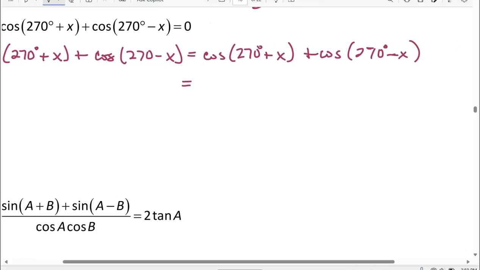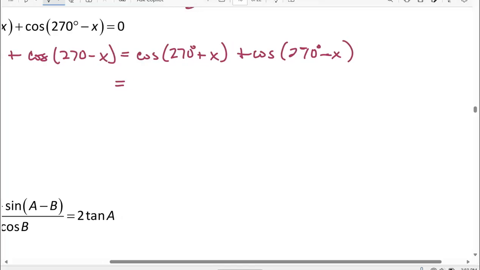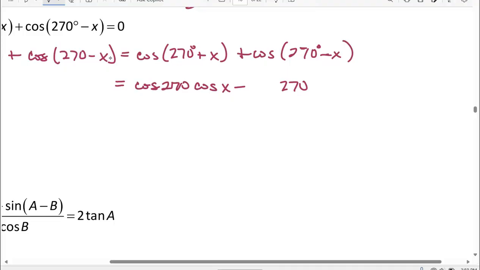Now we're going to transform the statement on the right. Cosine of 270 plus x is cosine 270 times the cosine of x minus the sine of 270 times the sine of x.